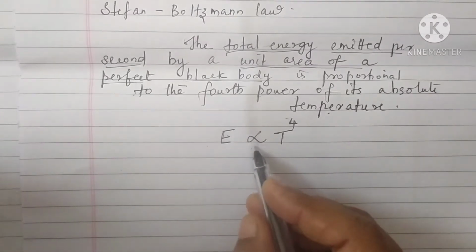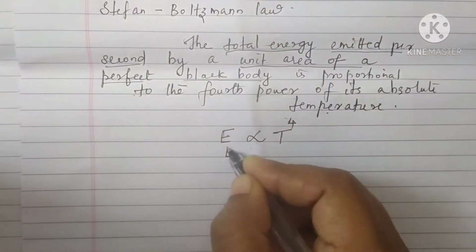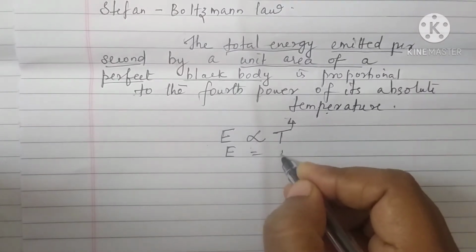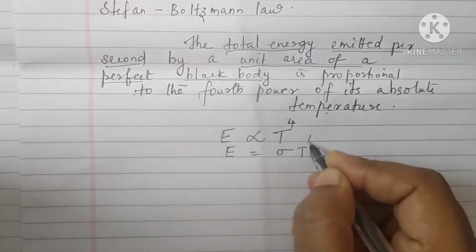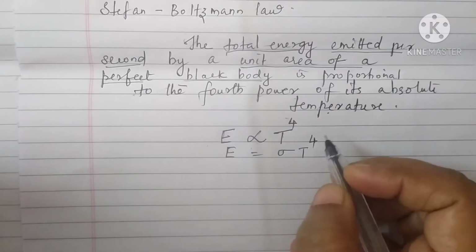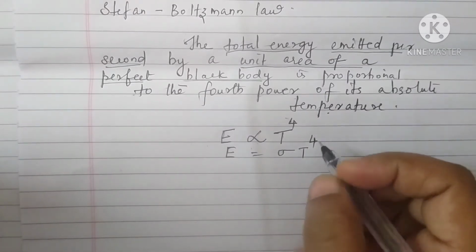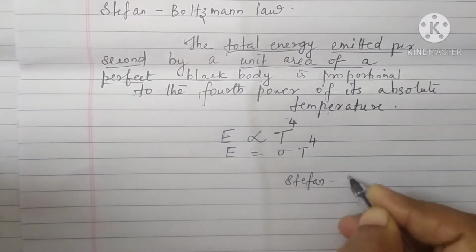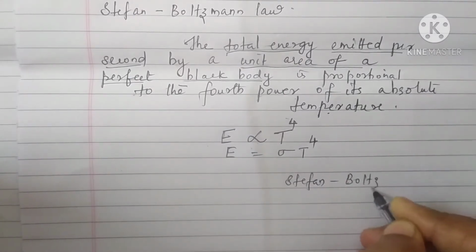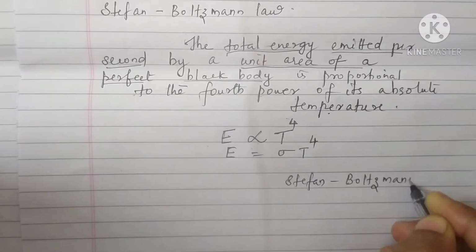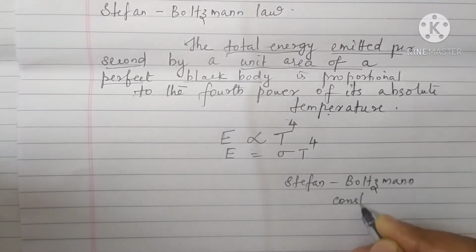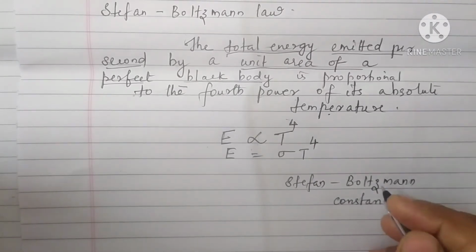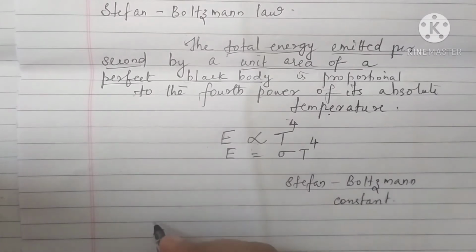This proportionality symbol you can change by multiplying with a constant, that is E equals sigma T raised to 4, and this sigma is known as the Stefan Boltzmann constant. And what is the value?